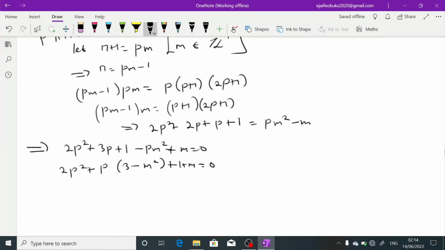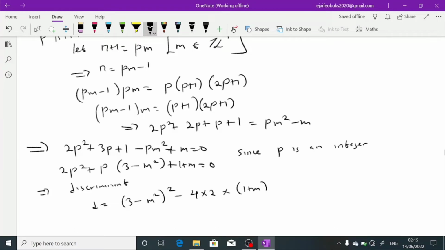As usual, as we did last time, since p is an integer, then the discriminant, which is b squared minus 4ac, is a perfect square.